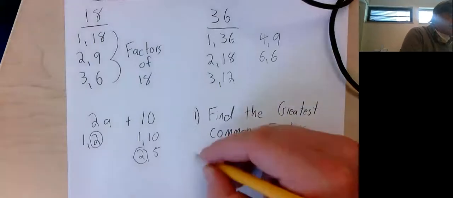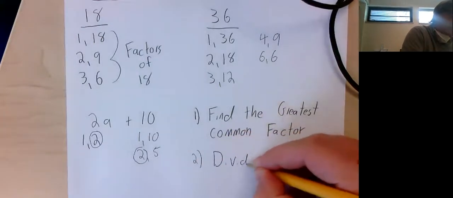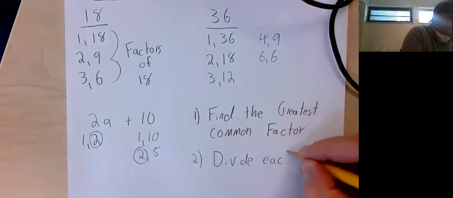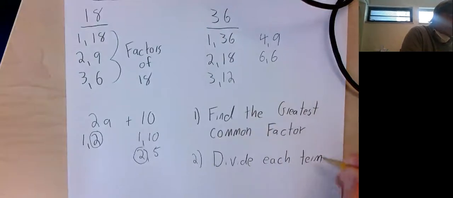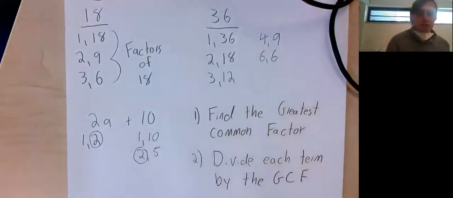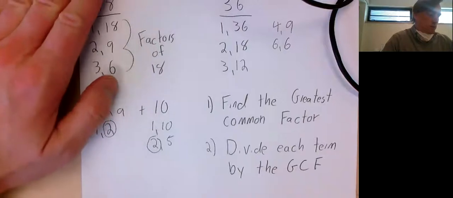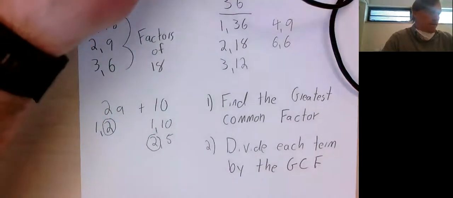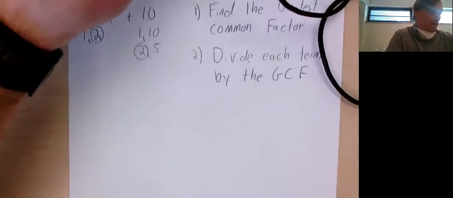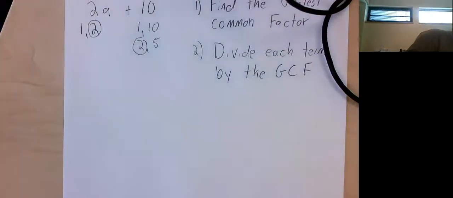After we find the common factor, we're going to divide each term by the greatest common factor, GCF.